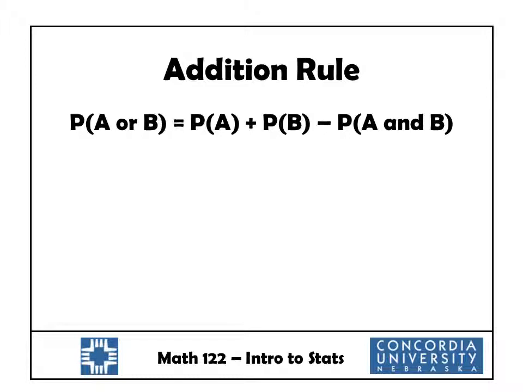The first is what we called the addition rule, which said that the probability of one event or a second event is the probability of the first plus the probability of the second minus the probability that they both occur. So the addition rule deals with a situation where we have an or and indicates that we add.